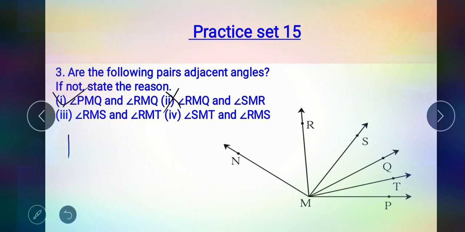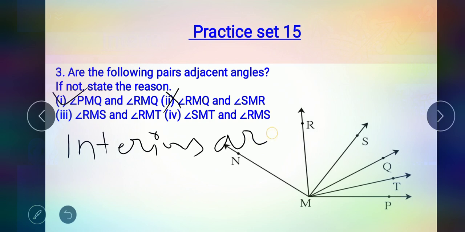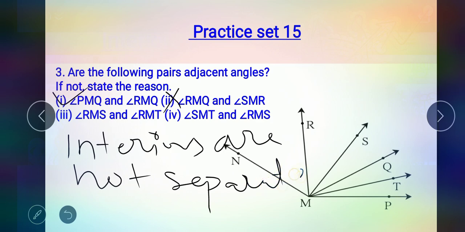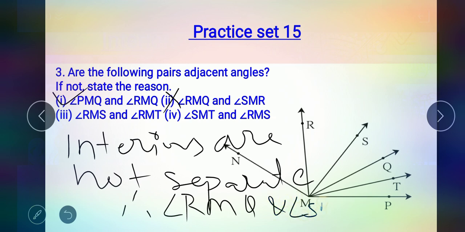Here I'll write, students, interiors are not separate. Therefore angle RMQ and angle SMR are not adjacent angles.